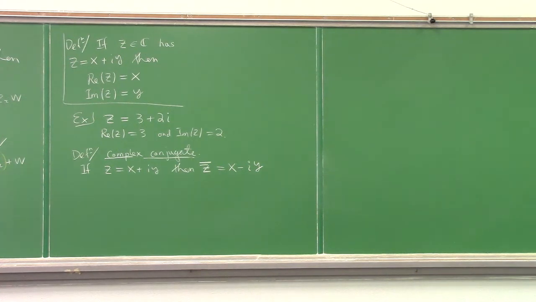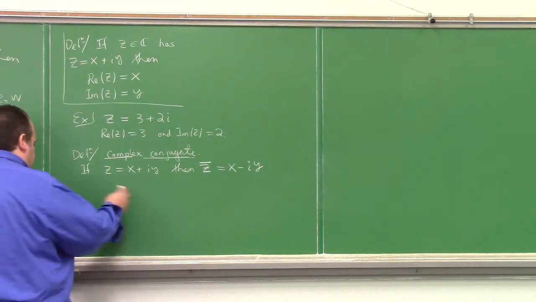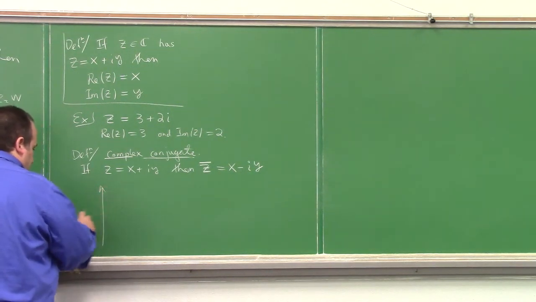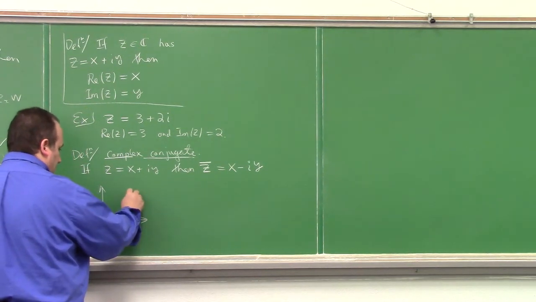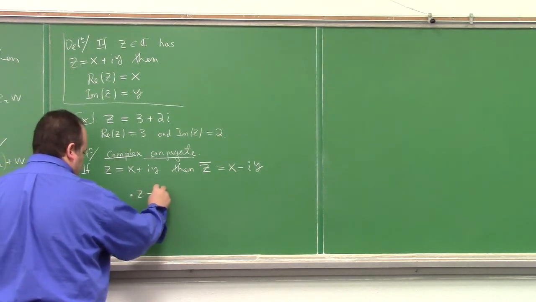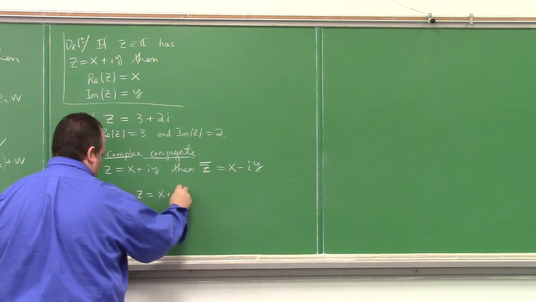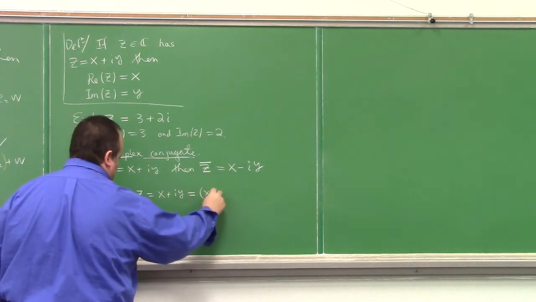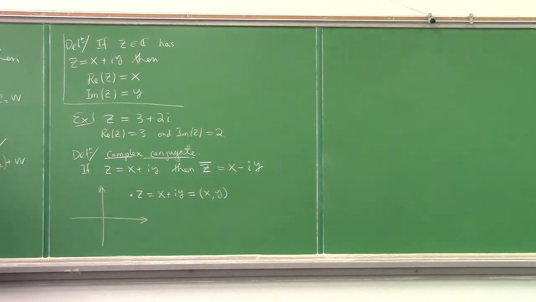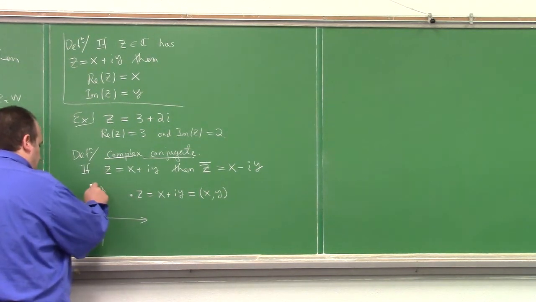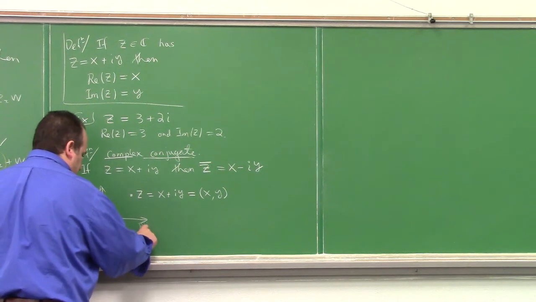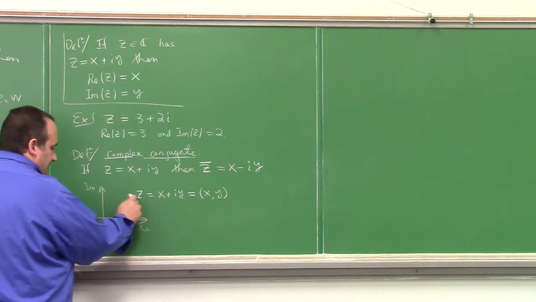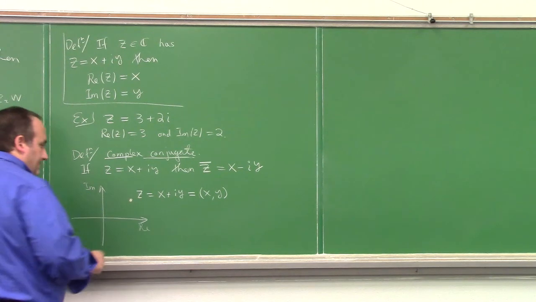Now's as good a time as any to start talking about how we visualize the complex number system, right? We use what's called the complex plane. So like here, z equal to x plus iy, we can identify with the point x comma y in our usual Cartesian coordinate system. And so, you know, this is the imaginary axis, this is the real axis, and if that's z up here, where is z conjugate?